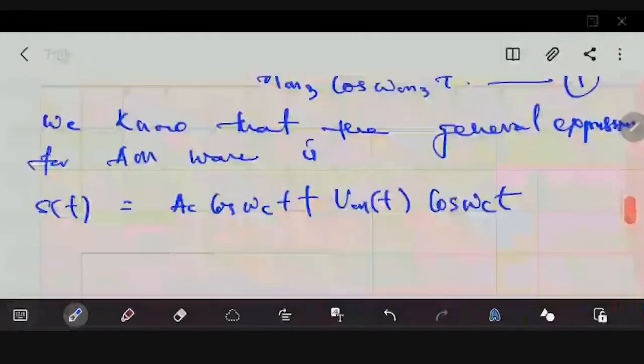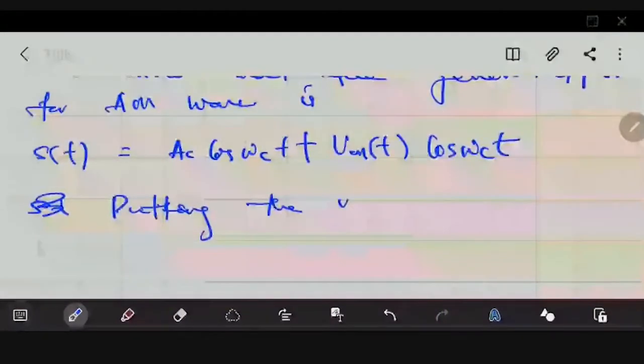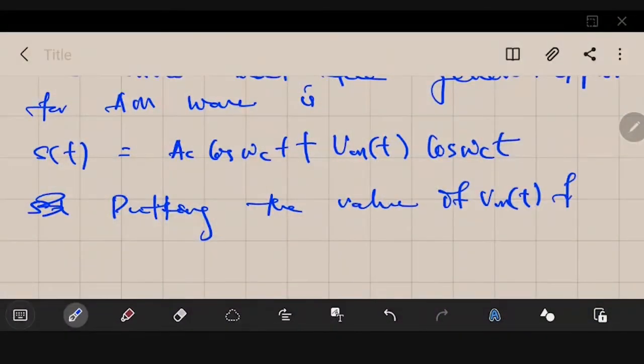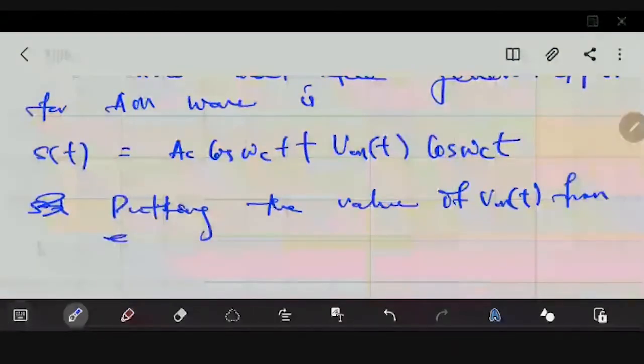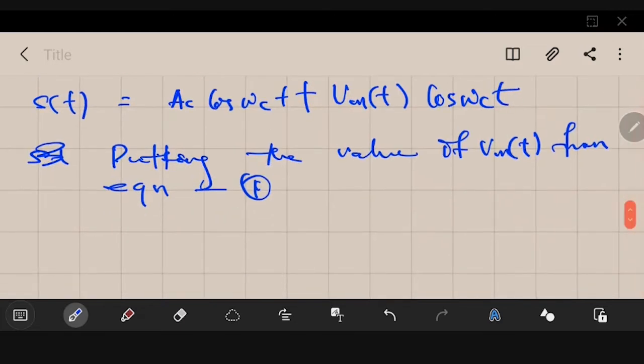Okay. So let me put it here, putting the value of your V_m of t from equation 1, that means the previous equation. So we could write it as S of t is equal to A_c cos omega_c t. It will be as it is. The other term will actually change.